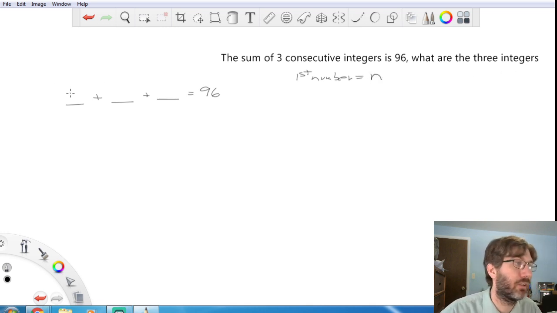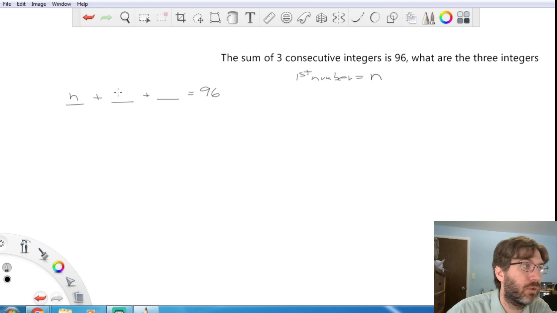So this value here has to be n. This value here, being a consecutive integer, has to be 1 more than n. So I'm going to call that n plus 1. That way it's 1 more than n. And then this last one over here has to be 1 more than n plus 1, or 2 more than n. So I'm going to call this n plus 2.